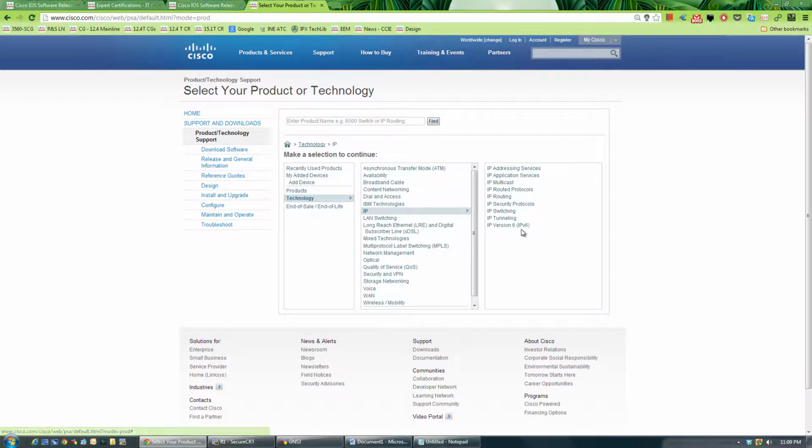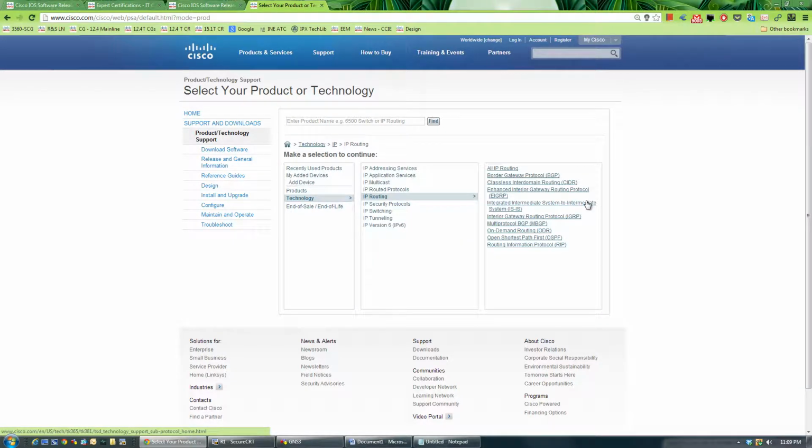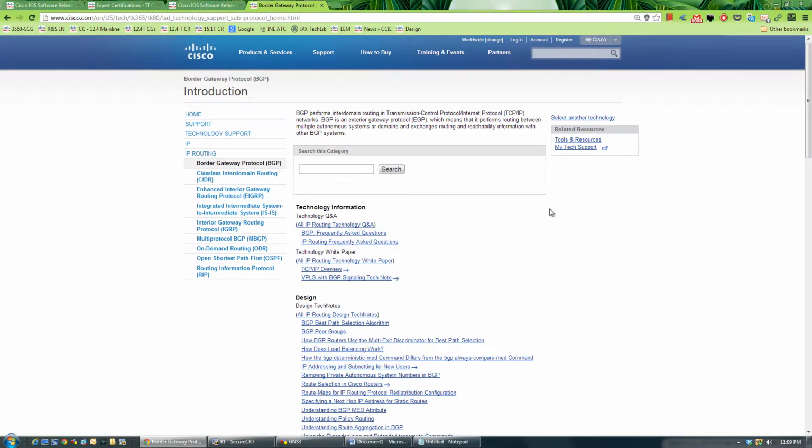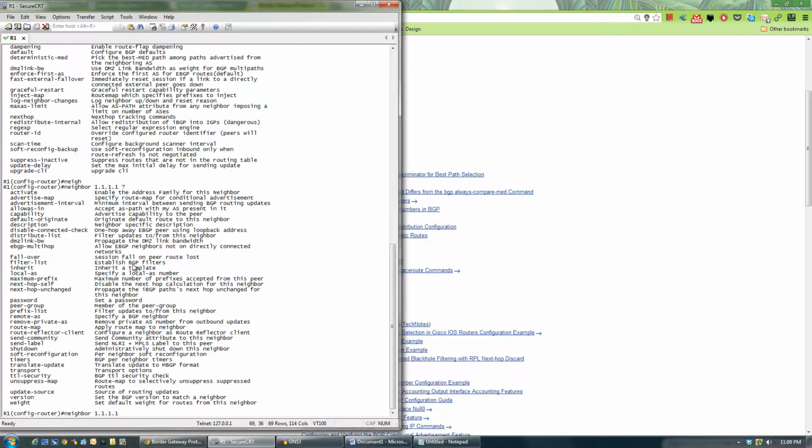Routing protocol, where's the routing? IP routing, and then BGP. Learn everything about all the commands.